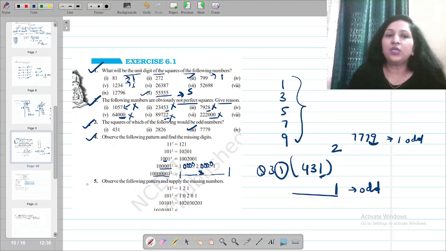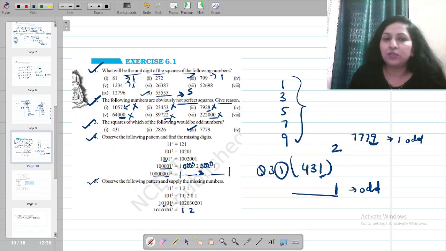Okay? Question number 5. 11 squared is 121. All these things are given to you. Now, how is it going if 1 is repeated 3 times? We have got till 1, 2, 3 and then the reverse order, separated by zeros. Now if I have the number 1, 1, 1, 1, we have 1 repeated 4 times.